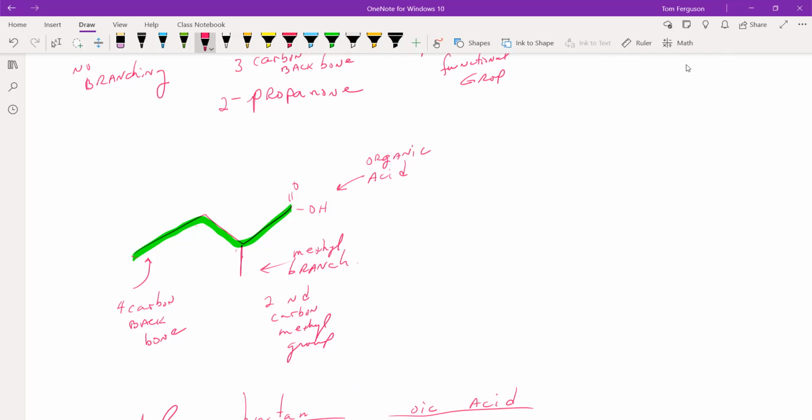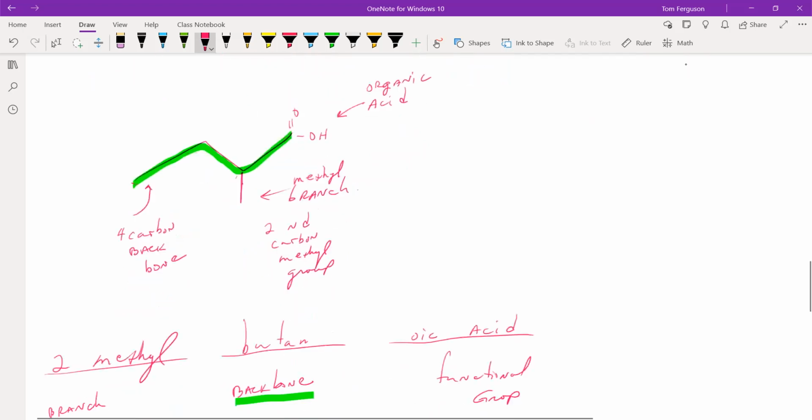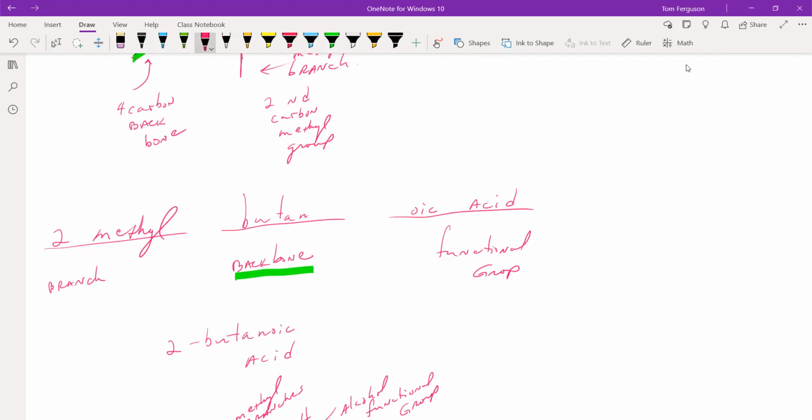So if we count from the right to left, that gives us the functional group on carbon number 1 as opposed to carbon number 4. Okay. On the second carbon, we've got a methyl group. So, going to be 2-methyl butanoic acid.